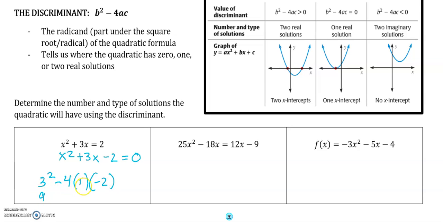Negative 4 times 1 is negative 4. Negative 4 times negative 2 is a positive 8. 9 plus 8 is 17. Therefore, we're going to get 2 solutions because our discriminant is positive.